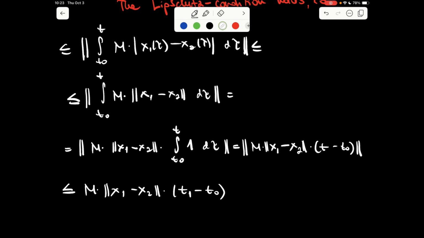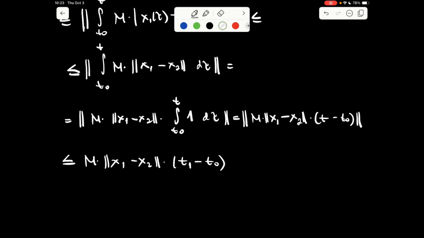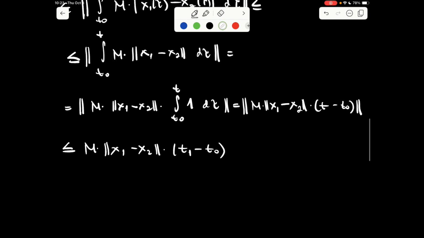Okay, so t1 is that value of the variable that maximizes the expression. This is the upper threshold, upper limit of the interval. So finally, we have this expression.